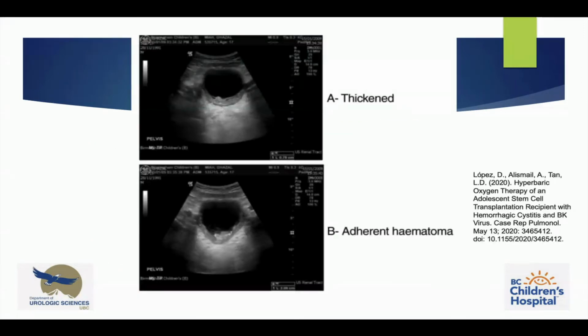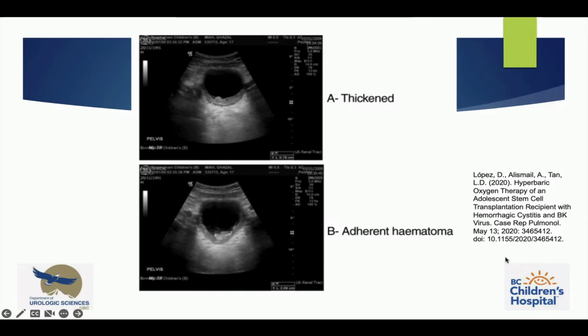So here is an ultrasound of hemorrhagic cystitis. So just to show that this is really something that can be visible on imaging. On the first stage, so the first ultrasound here, we see that the bladder urothelium and lamina propria are thickened and inflamed.